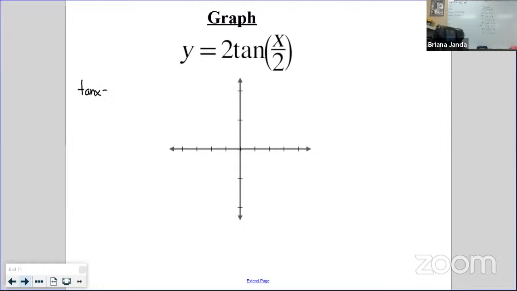Tangent is sine over cosine, which means I would focus on this being a cosine graph to start with to get where my asymptotes are going to be. Okay, so the first thing I'm looking at is what if instead of tangent, this was cosine. Remember that I can slide that x off to the side and call it 1/2 x. The denominator is going to get me started.